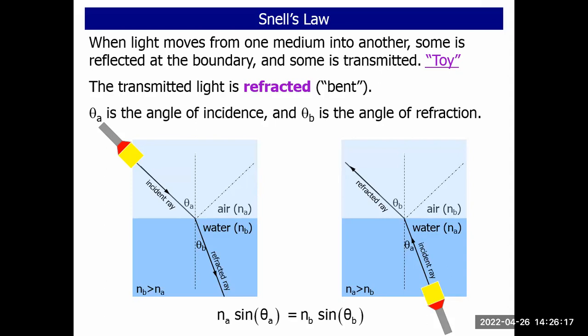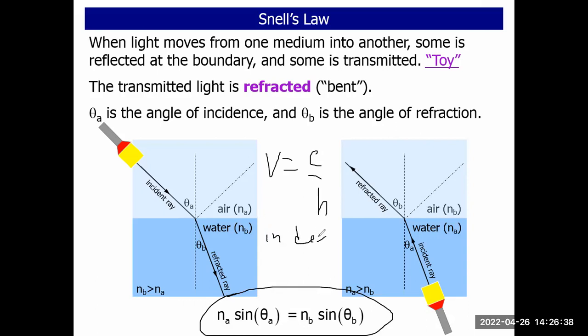O kaya n1 sine angle 1 equals n2 sine angle 2. So pwede natin magamit yan. Ang unang formula natin ay v equals c over n, then ang second formula natin ay ito, para makuha natin tinatawag na index of refraction.